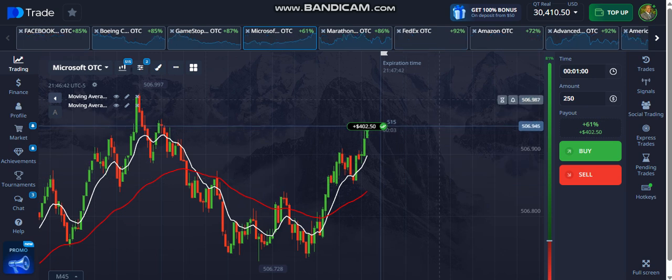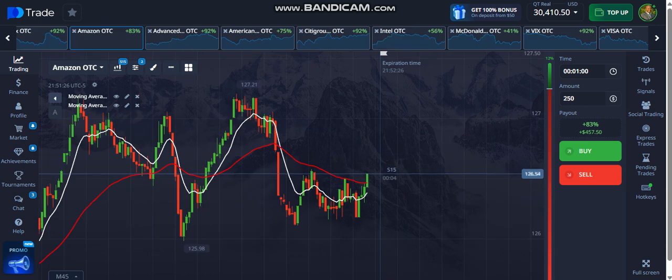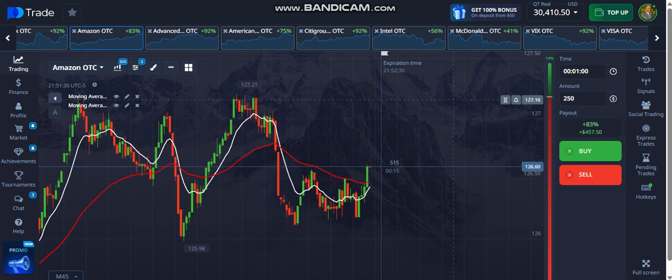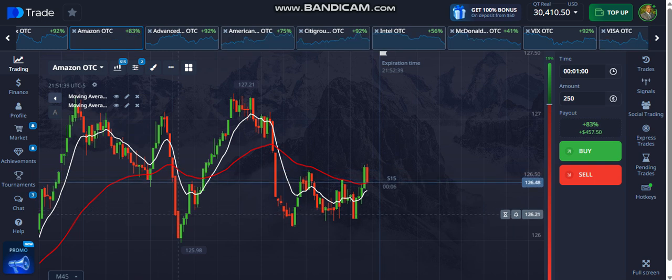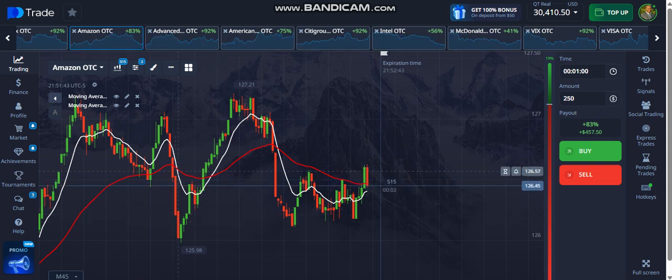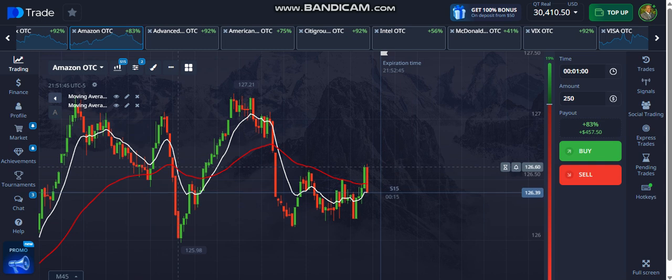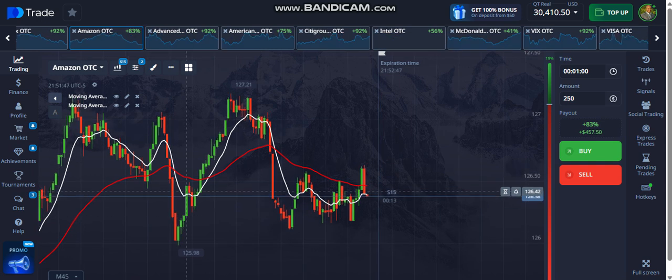All right, I'm going to pause the video and look for another setup. Another point I wanted to bring up is that whenever you see sharp down candles like this, like long candles, where the crossover occurred, but as you notice, when it retraced back, it didn't bounce off the 10 EMA.